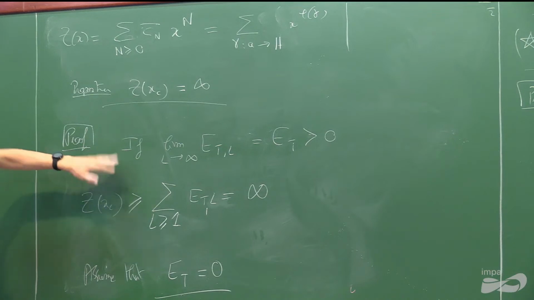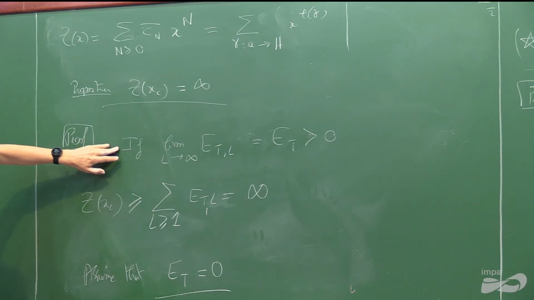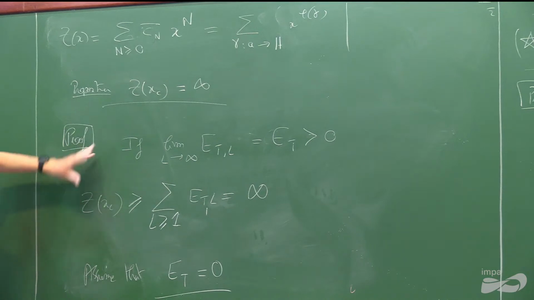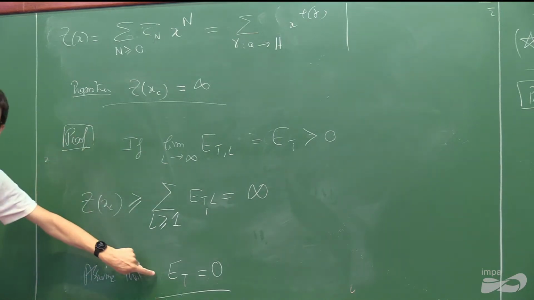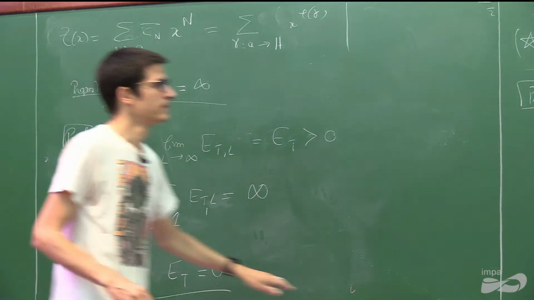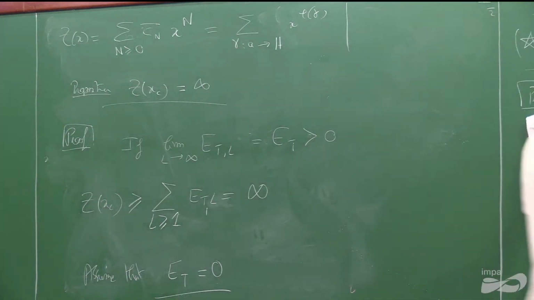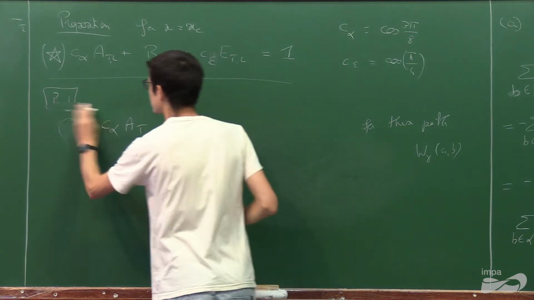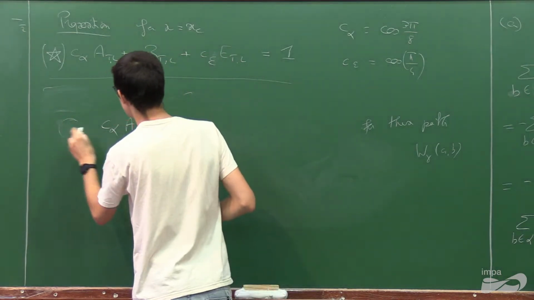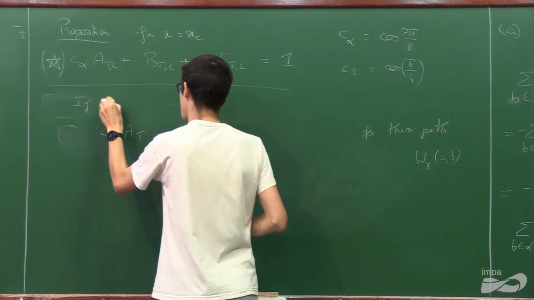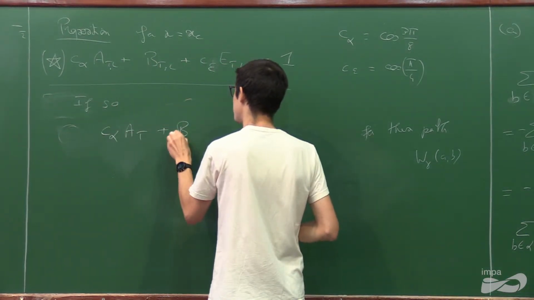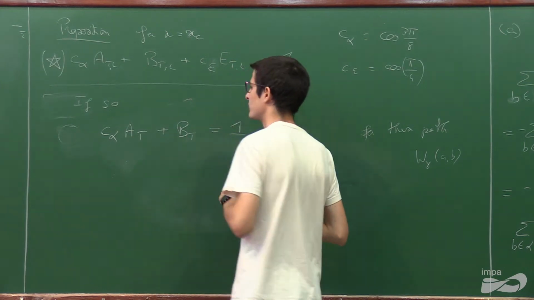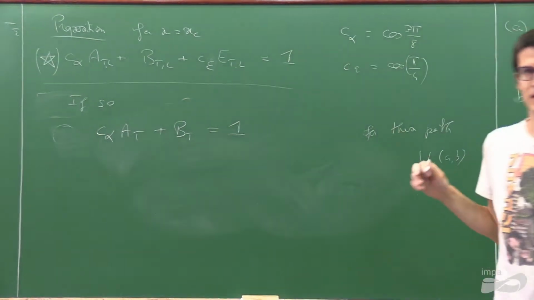It's not necessary, but it makes things cleaner. But it's not that we don't know what happens. Between these 2 issues, we know that this is true. So from this, what we get is that c_alpha A_T plus B_T is equal to 1. We just take the limit in this identity.